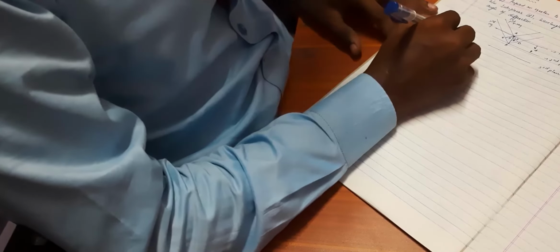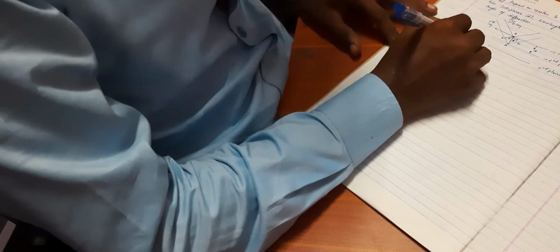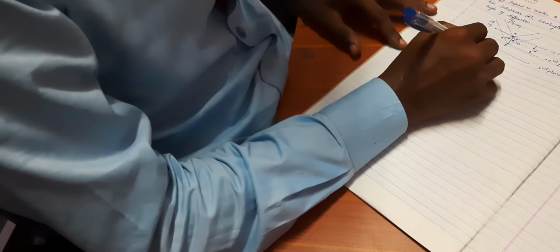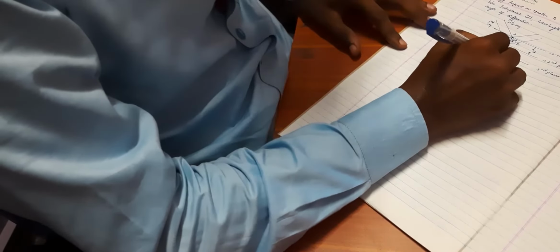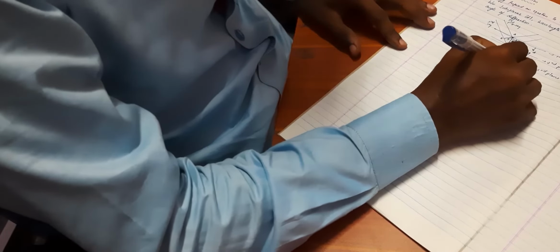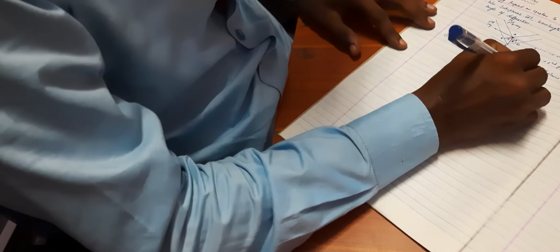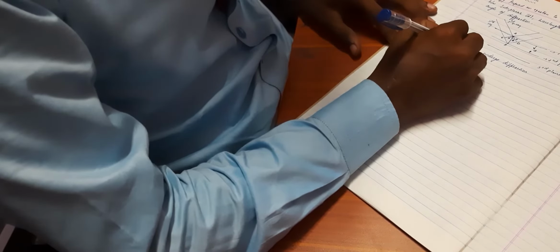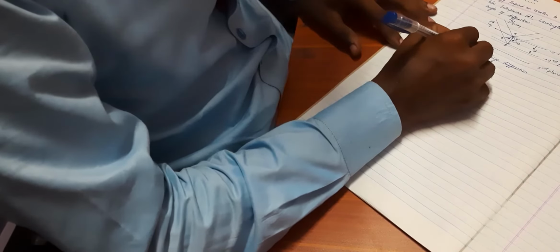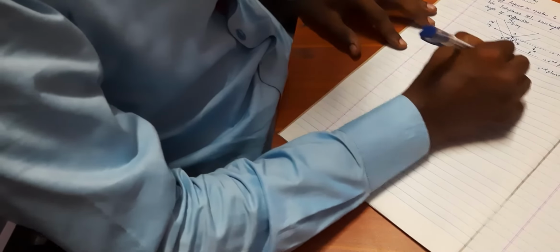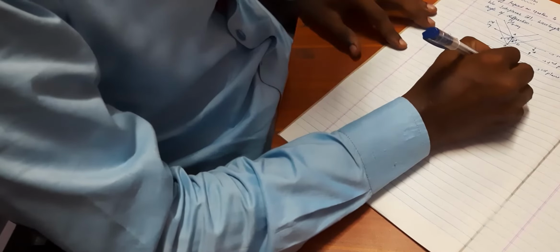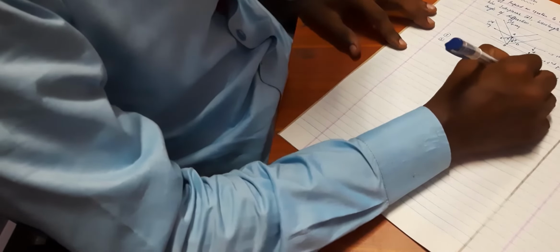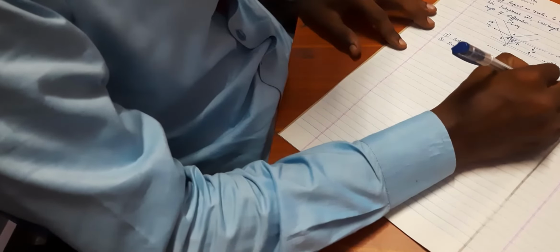Let us write point-wise. Both X-rays undergo diffraction. The first X-ray is diffracted from point A in the first plane.